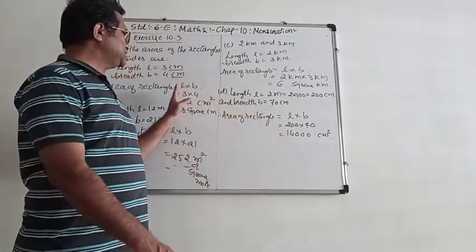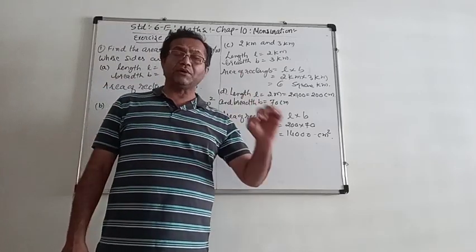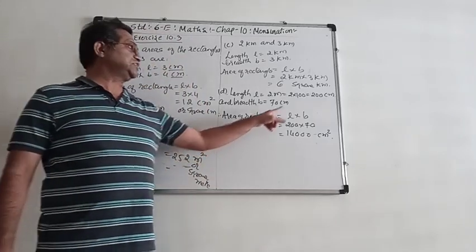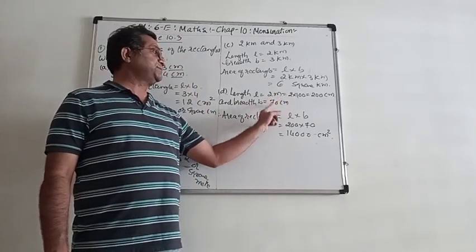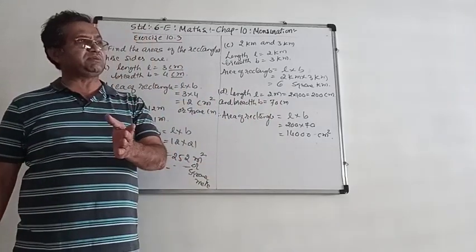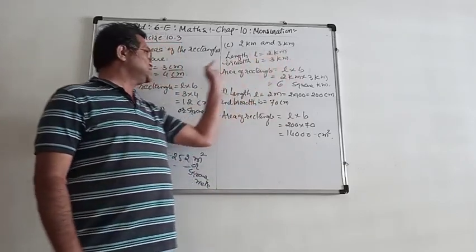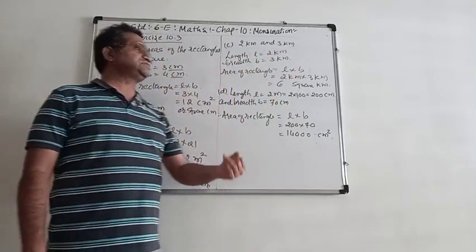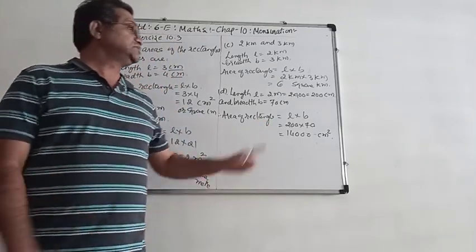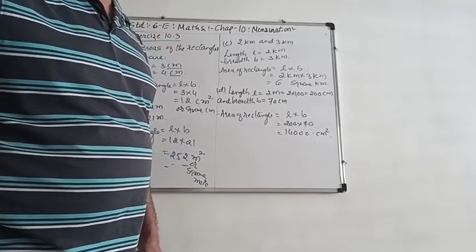If it is the same unit, not a problem, and therefore whenever you solve these problems, you must remember to check the units. Length and breadth must be in the same unit. One is meter, one is centimeter, then we have to make them the same units. But here you can see that in those three, it was the same. But in the last one, we have to change the meter to the centimeter.